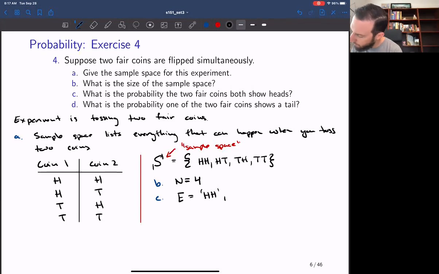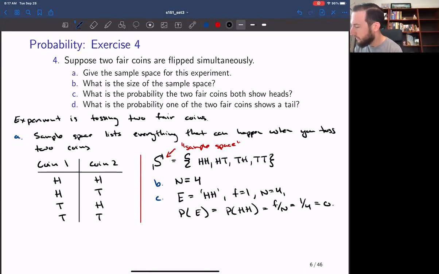All right, so we're going to have little f equals 1, capital N equals 4. And then we would say the probability of E, which is the probability of observing 2 heads, is equal to little f over N, which is 1 over 4, which is 0.25.